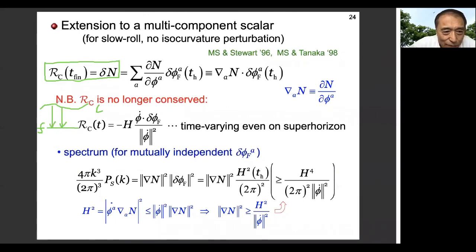Now, what gives rise to this number of e-folds? This is just the fluctuations in the scalar field, right? Because n is a function of the scalar field. Well, actually, you do have to show that this number of e-folds for the fluctuation can be computed in terms of a background quantity, but intuitively it's very clear, right?